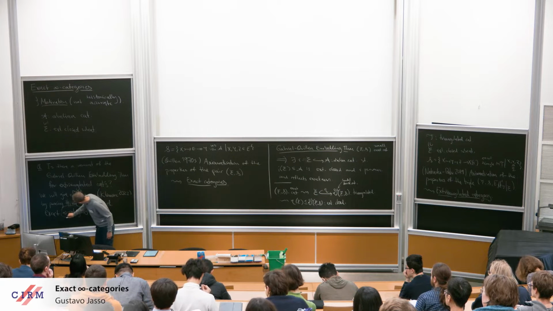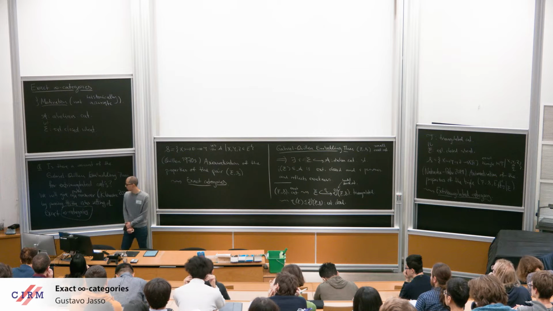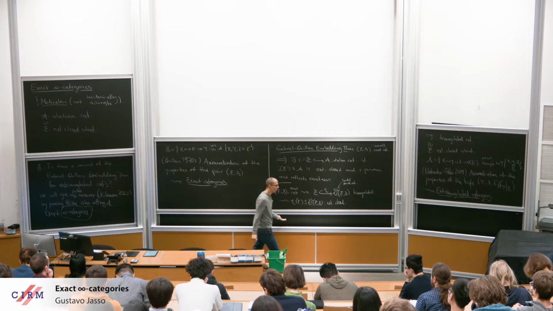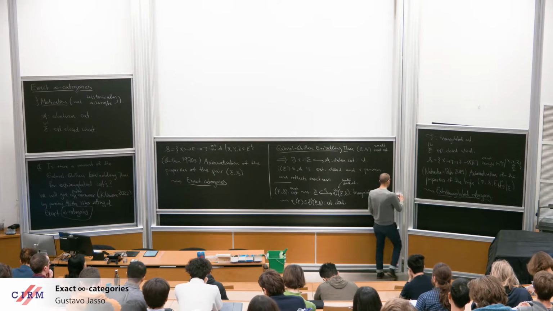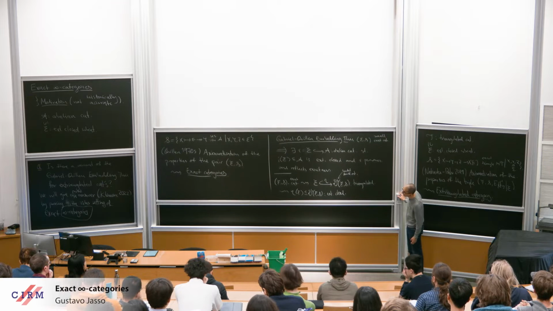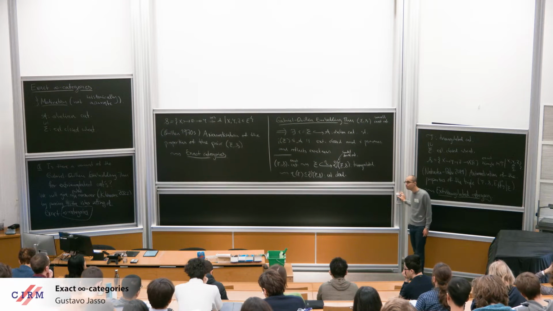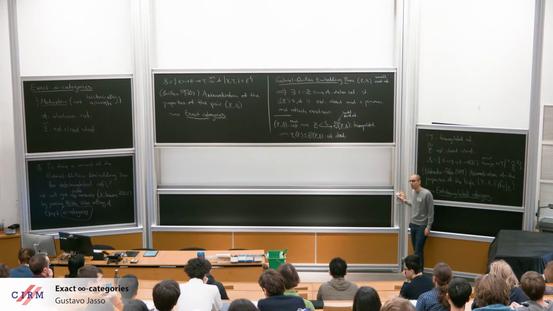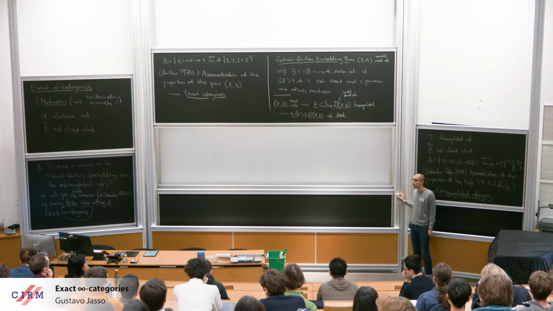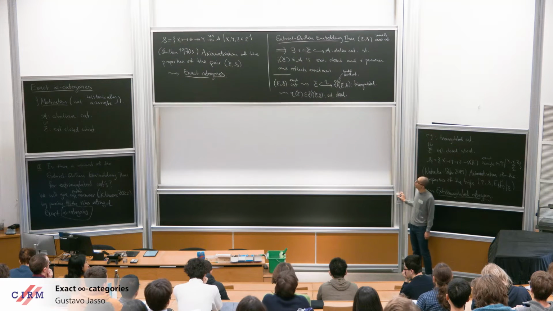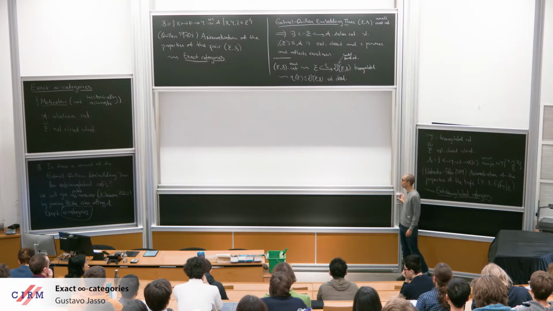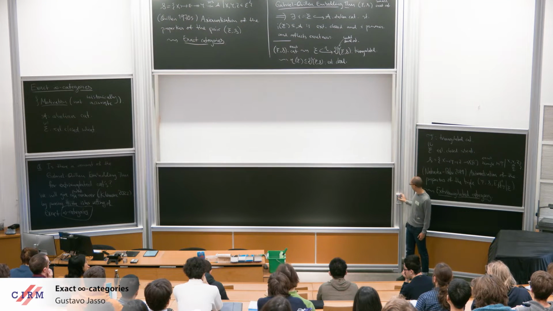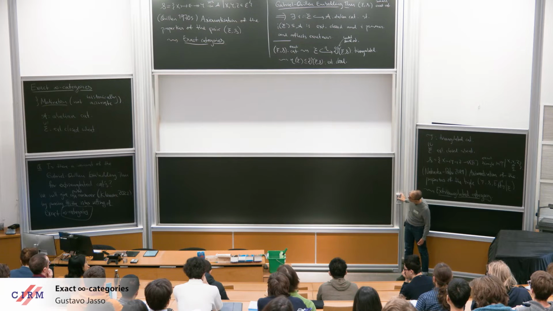Now, as I mentioned a couple of times, we're interested in what are called exact infinity categories. So to understand that, we first would like to gain some understanding of what infinity categories are. I know some of you are familiar with the notion of infinity category, and some of you are experts on this, but I will assume that this is not the case for everybody in the audience.